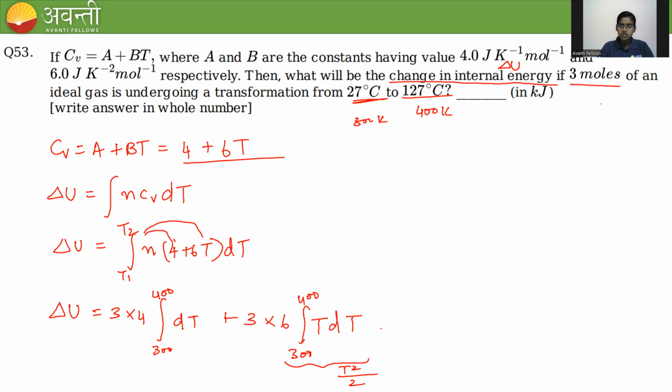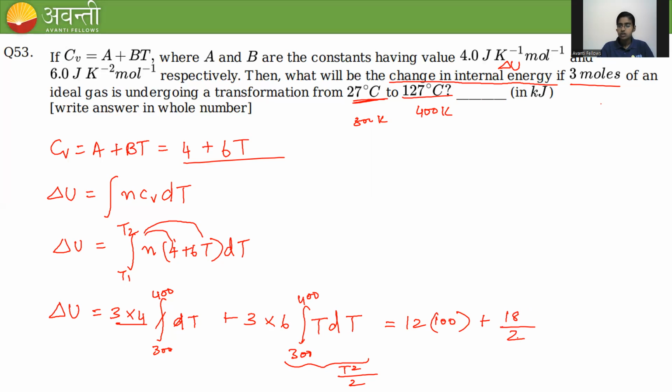If we take this constant out, 3 into 4 here is going to be 12 and integration of dx is going to be x. So we can just substitute the limits, 400 minus 300, which is 100. Coming to the second term, 3 into 6 is 18 and 1 by 2 is there.